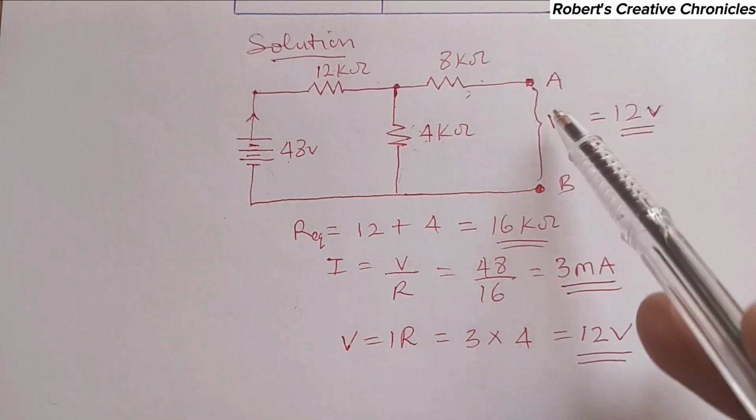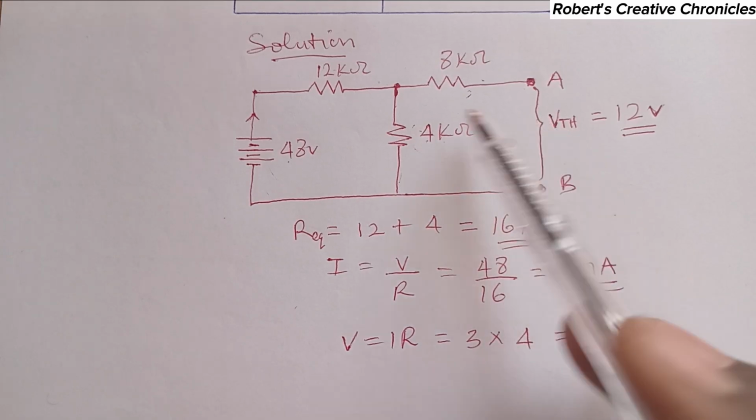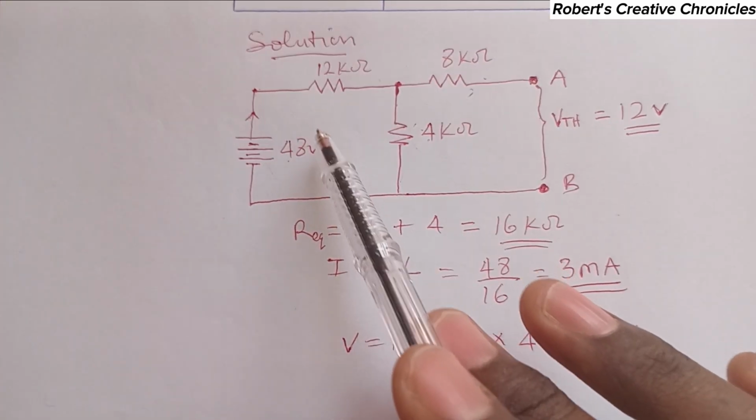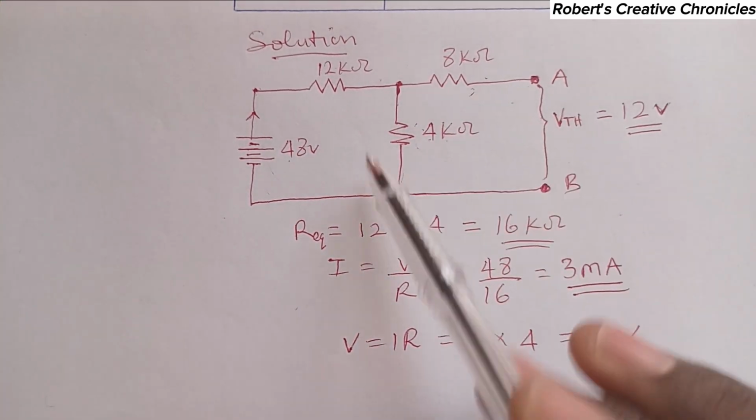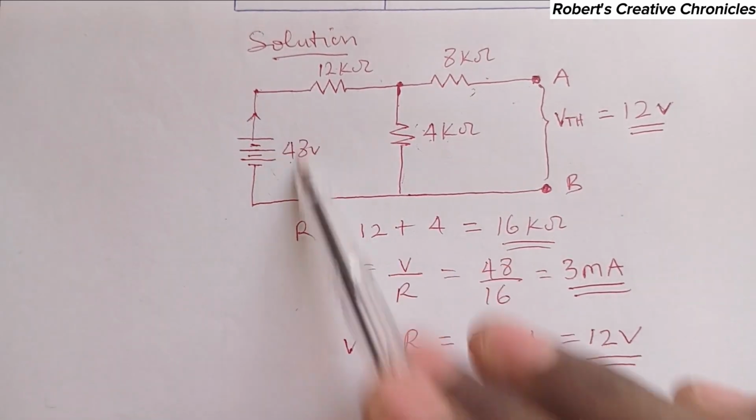Now, to find the Thevenin resistance, we need to short circuit all voltage sources and open circuit all current sources. In this circuit, there's only a voltage source, so we'll short circuit this.